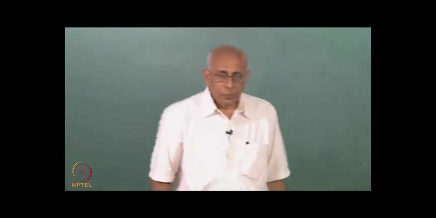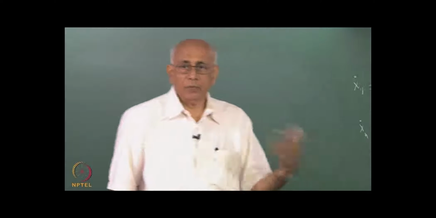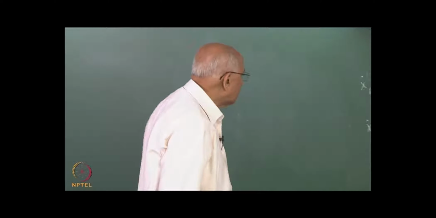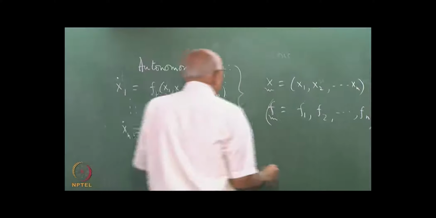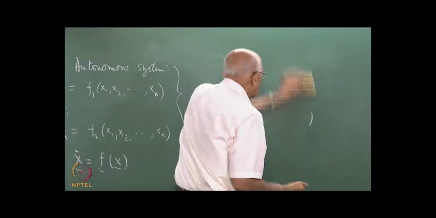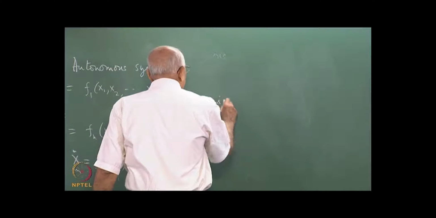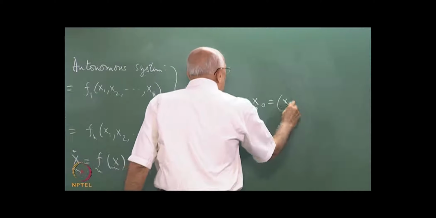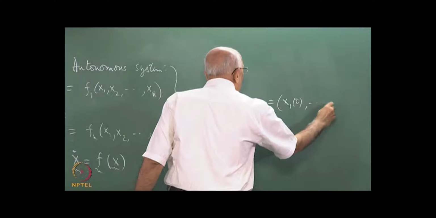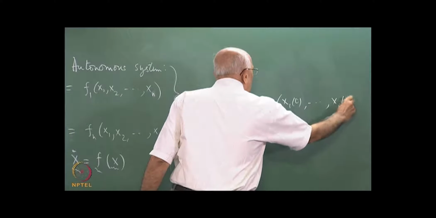Now, what do we need for the existence of a unique solution? At the very least you need a set of initial conditions on all these variables. So we need to know this plus the initial conditions. So you have a certain x naught, this is x1 of 0 up to xn of 0.